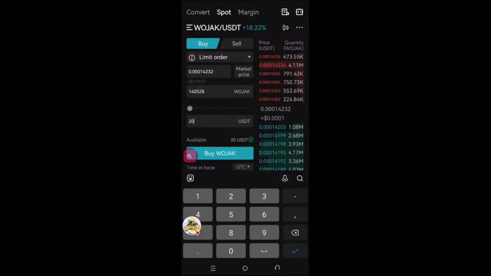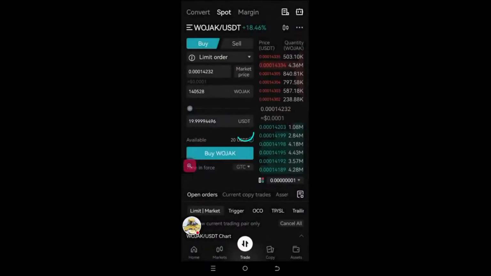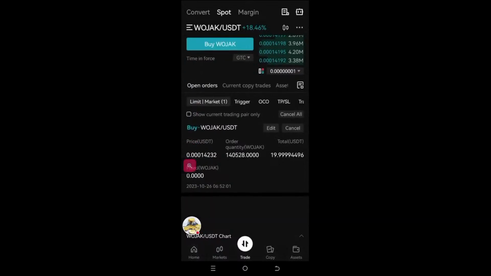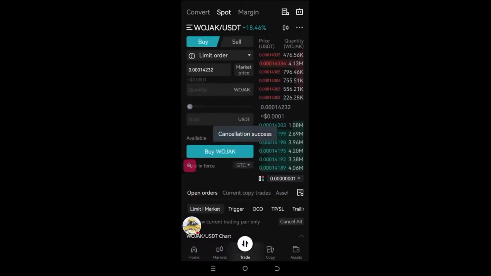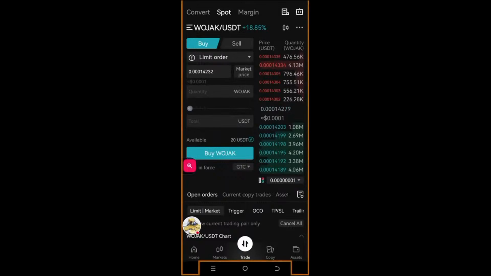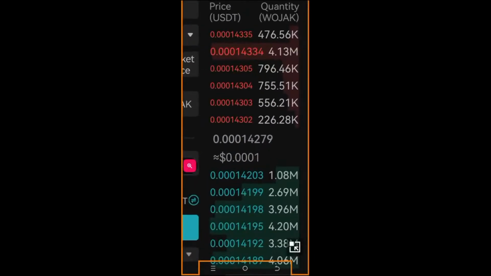Okay. Let's see if we can. All right. Confirm. Did it buy? Didn't look like it bought. Let me cancel it. Let's go check what's going on in the order book. We'll have to buy it at a higher price. Oh, see, the higher price is 14302.